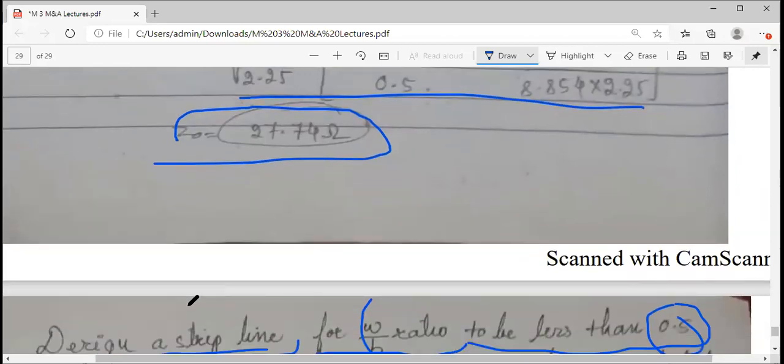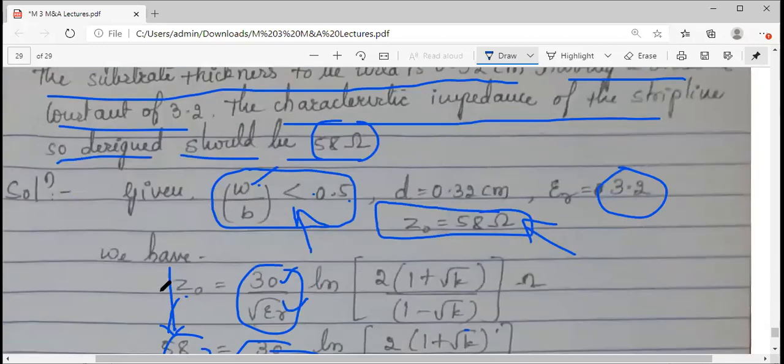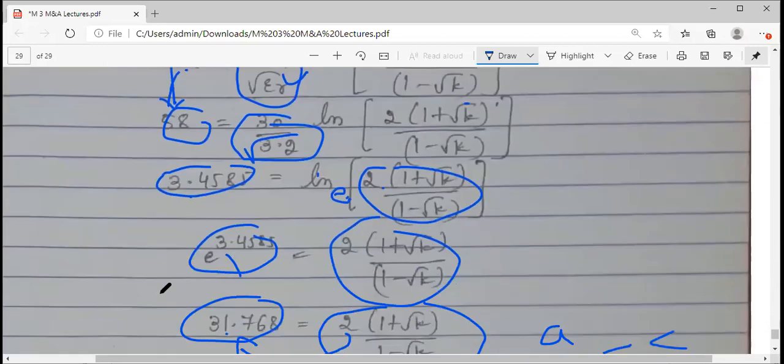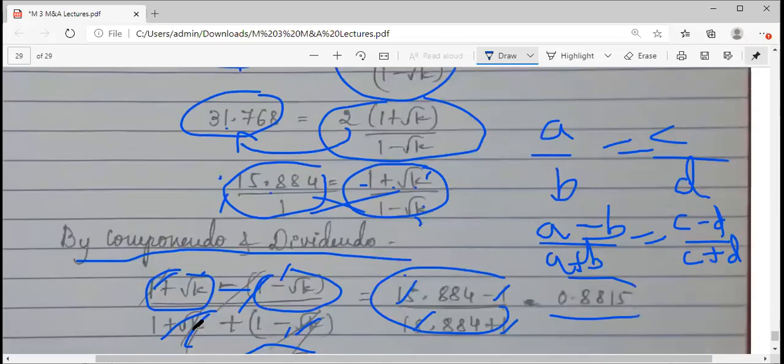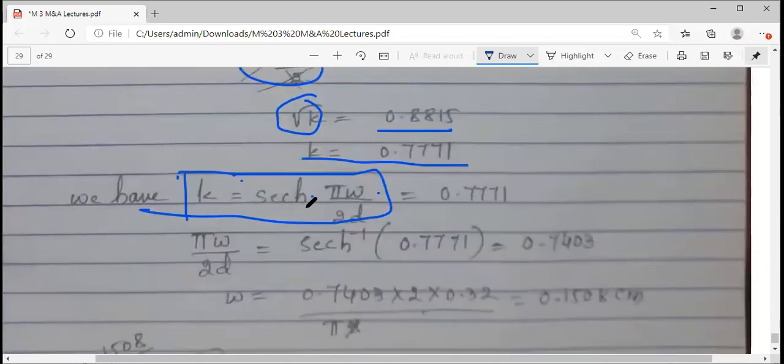But as we are changing the characteristic impedance, which depends on the geometry, the k value is taken differently: sech of pi w divided by 2d, which is equal to 0.7771.